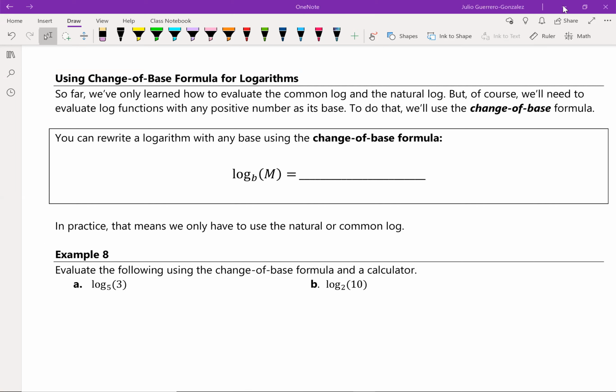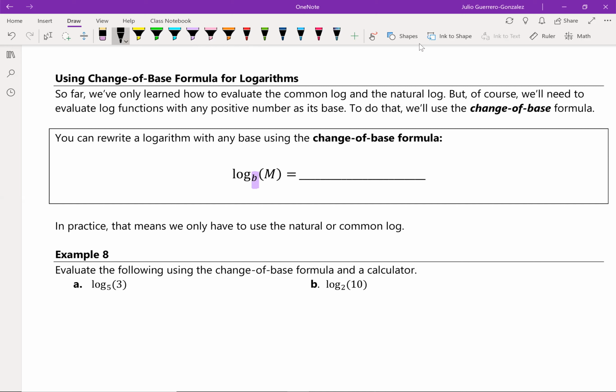Okay. So let's say you have a log base B, right? That B becomes a little bit of a problem because we don't have a log base B button on our calculators, at least not one that we can get to readily, okay? So instead, what we can do is split up this logarithm into basic log base 10.